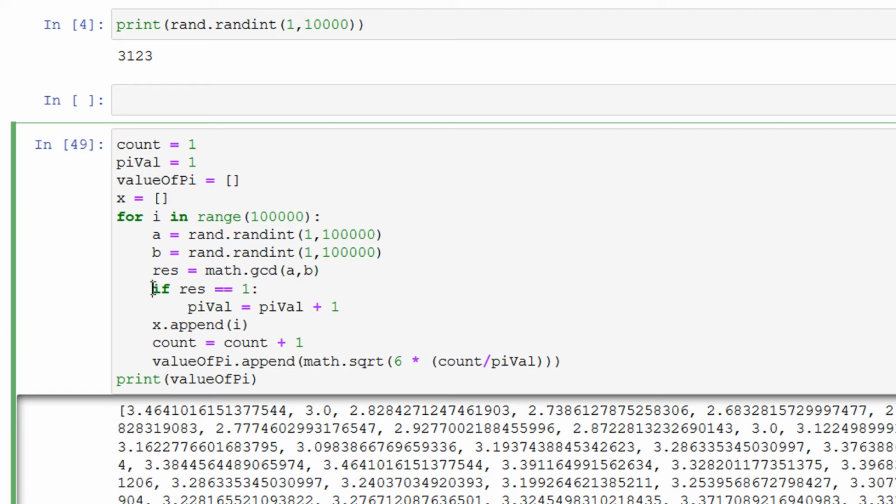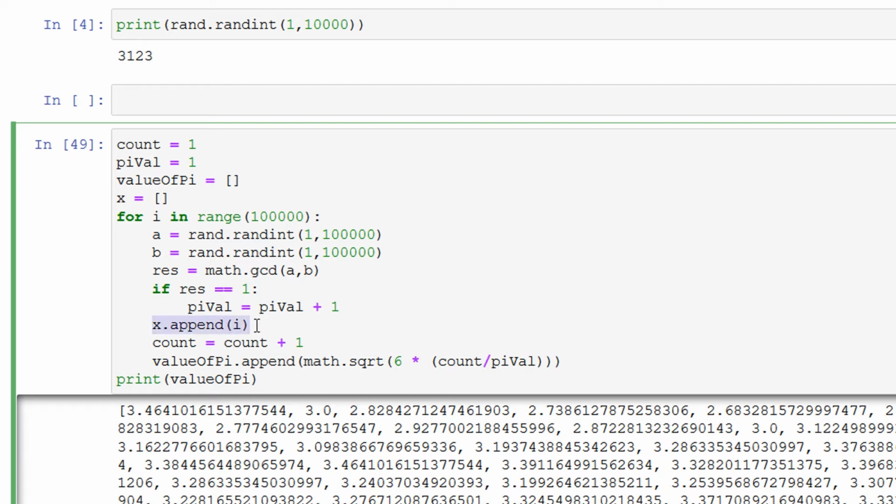Here's the condition: if math.gcd of a and b equals 1, then we increase the value of this variable, pi val. I told you at the beginning that pi val is the variable which counts the number of times the two random numbers are co-prime.